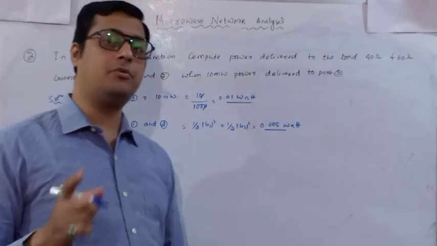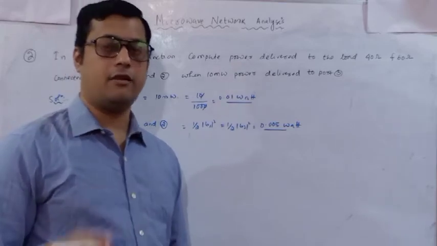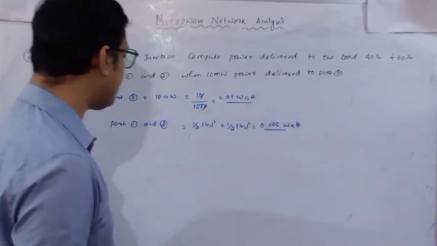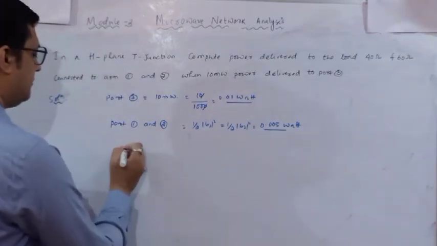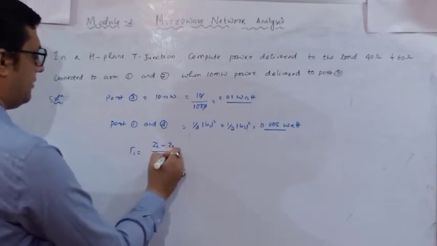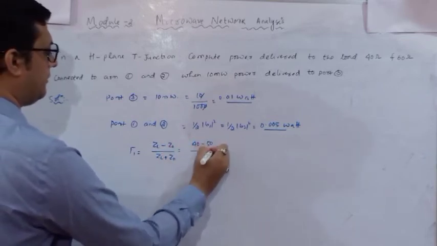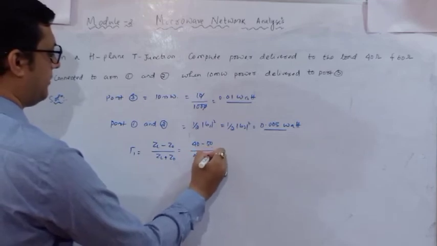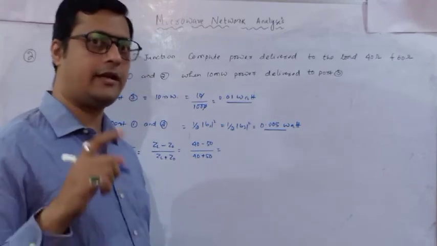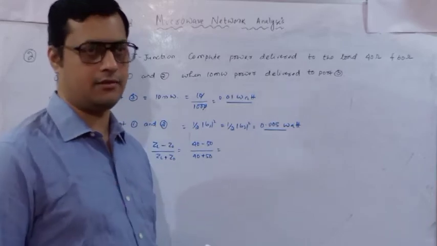Okay, so this is the power which is going to be available at port 1 and port 2. Now at port 1 and port 2, load impedances of 40 and 60 are available. We have to identify the reflection coefficient and then substitute it. So the reflection coefficient at port 1 is (ZL minus Z0) divided by (ZL plus Z0). So ZL is 40, minus 50, over 40 plus 50. Here the characteristic impedance is not given, so you have to consider it, because for each transmission line or waveguide, the standard characteristic impedance value is 75.